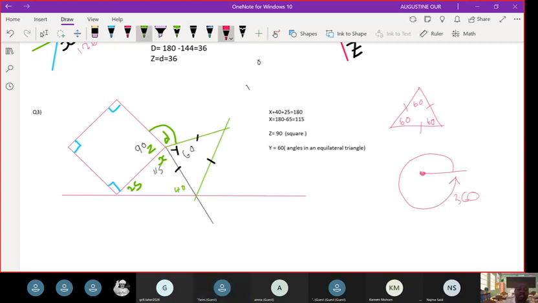So we can have a point somewhere here. Let me put a point. All these are meeting at the blue point, right? So if we go around the blue point, it is 360. Is that okay? So what does this mean? I normally like to start with the letter itself. D plus 90 plus 115 plus 60 is equal to 360.